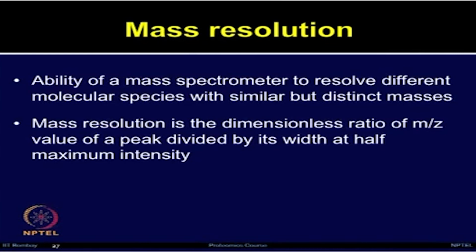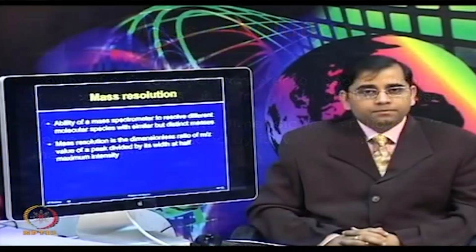So, mass resolution is the ability of a mass spectrometer to resolve different molecular species with similar but distinct mass. Mass resolution is the dimensionless ratio of the m by z value of a peak divided by its width at half maximum intensity.